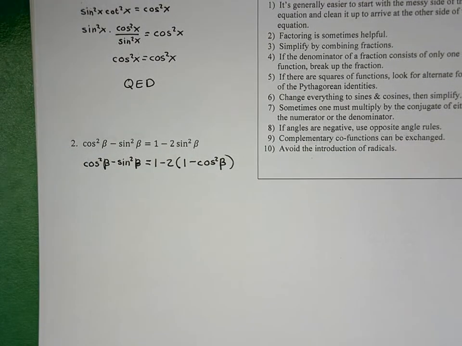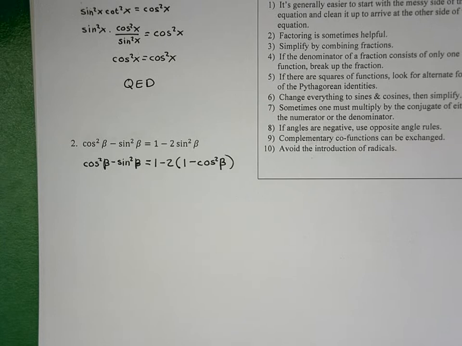Okay. So then we're sitting there looking at it and we're going, well, I don't know about that one. That doesn't seem to really unlock anything for me. Maybe I distribute the 2 in.